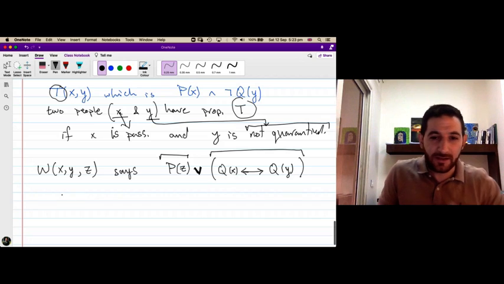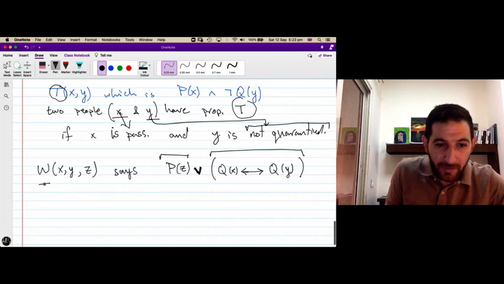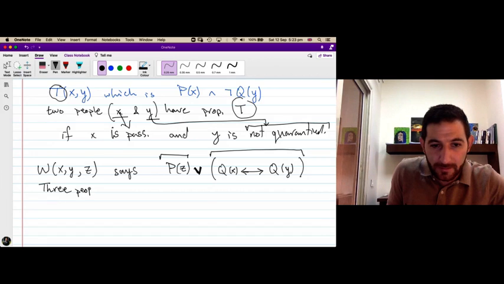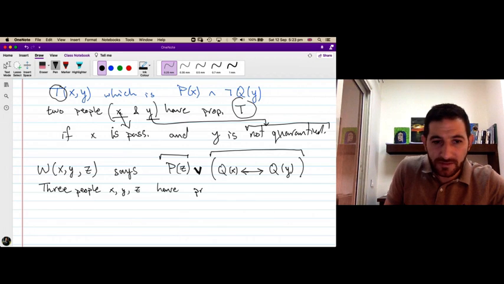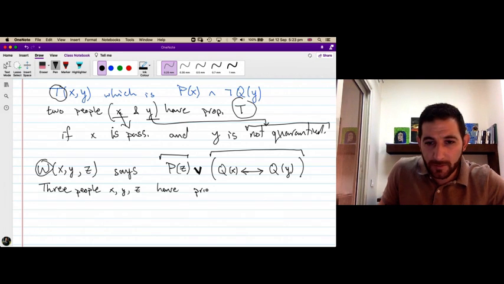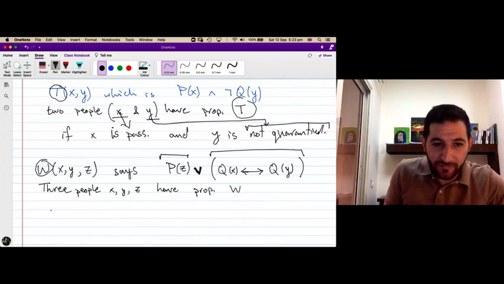Let's analyze this. Three people, x, y, z, have property W if what happens?